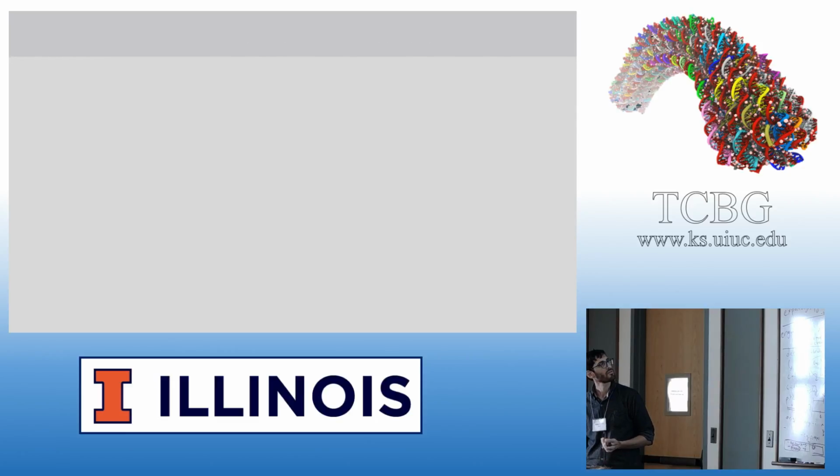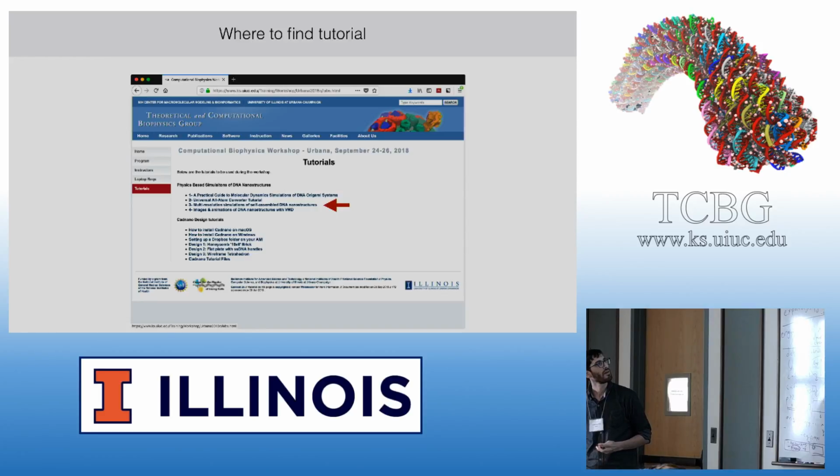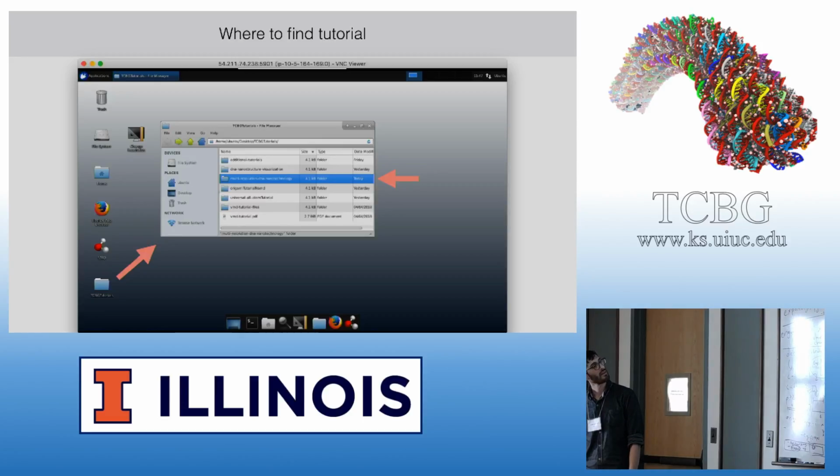Okay, so you can find our tutorial, first of all, on the workshop website under the tutorials tab, and then here under multi-resolution simulations of self-assembled DNA nanostructures. And then on the Amazon image, if you go to the desktop and open this TCVG tutorials, it's this one, which was modified today.